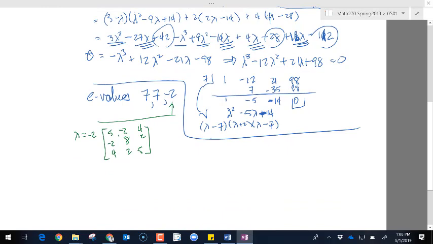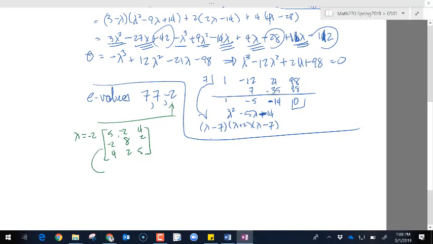So we want to row reduce. Oh boy. Maybe I'll switch the first row and the second row, and then at the same time multiply that by negative 1/2, to make it positive.